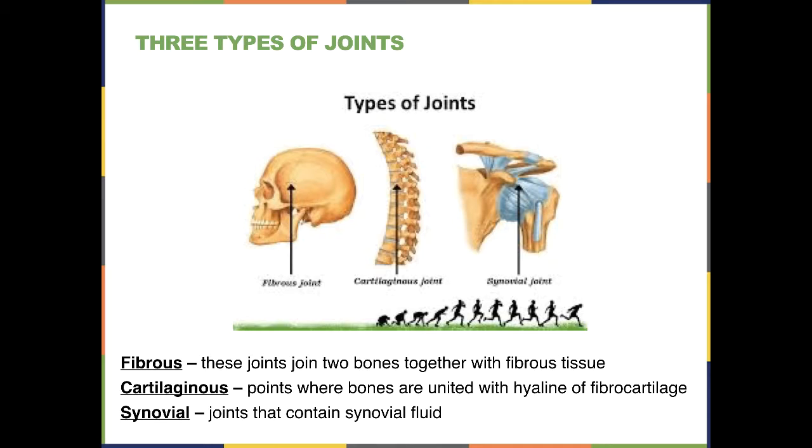The second in the middle, which is the vertebral column, shows the bones united together by either hyaline or, in this case, fibrocartilage. And then the third, which is the synovial joint, the actual union of the humerus to the shoulder, is a joint that contains synovial fluid and therefore is a synovial joint.